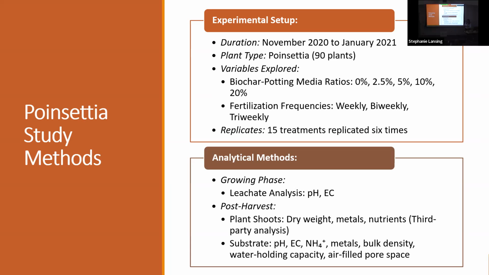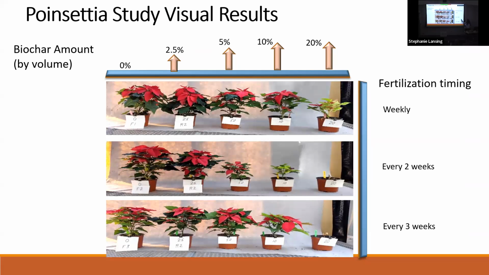And analytics for pH, EC, nutrients, heavy metals were taken throughout the entire growing process as well as post-harvest. So we can actually see that with the inclusion of just untreated raw poultry litter biochar, for all 3 fertilization frequencies, the lowest, or the control concentration, looks a lot healthier than the 20% biochar inclusion.